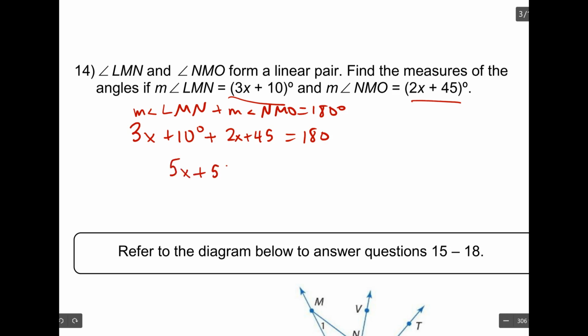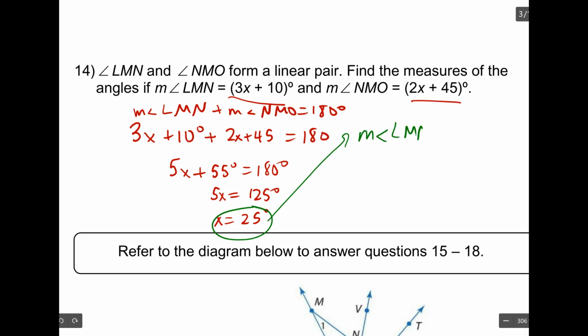Combine like terms. So I found x, but I'm not done because I have to find the actual measures. I'm not just solving for the variable. So the measure of LMN is just going to be 3 times 25 plus 10.